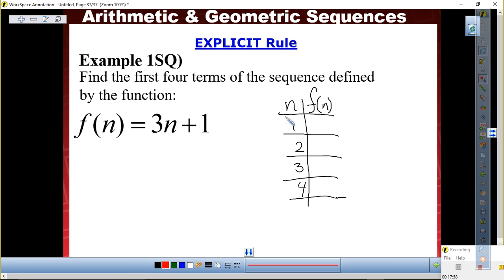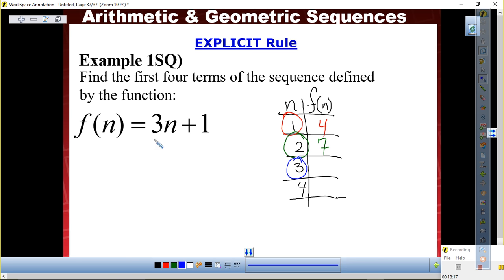Therefore, what is f of 1? Daniel. 4. Pass it to someone. Marcelo, was it f of 2? 7. Pass it to someone. Jen, what is f of 3? Okay, I'll come back to him. What is f of 3, Jen?